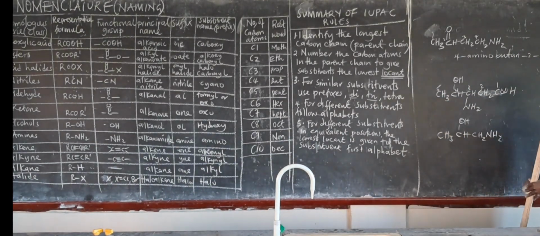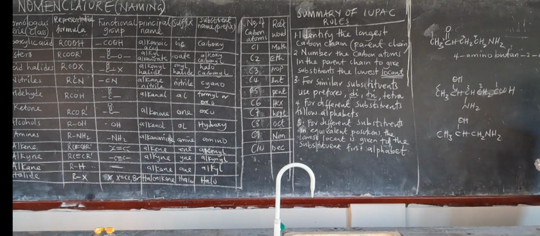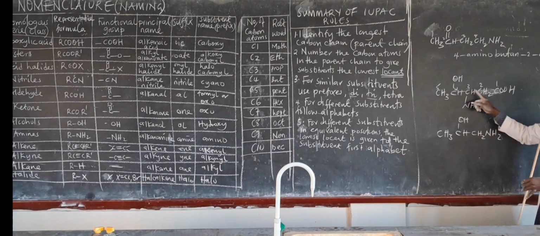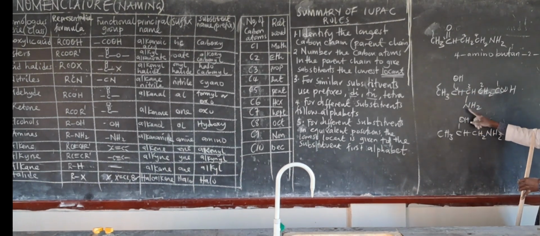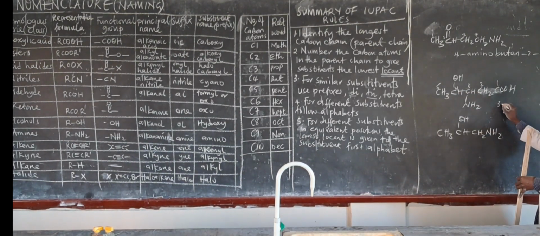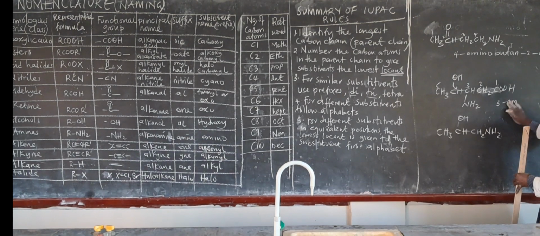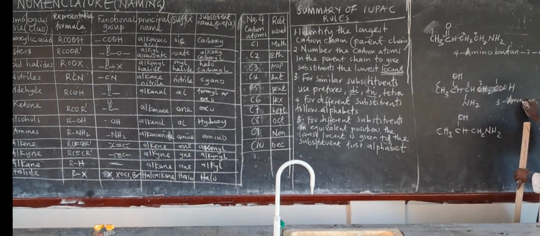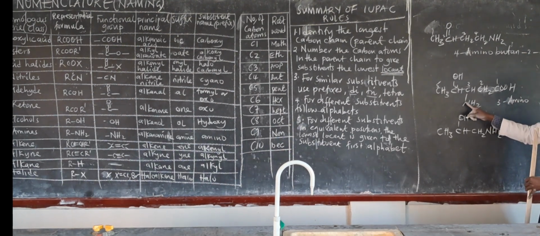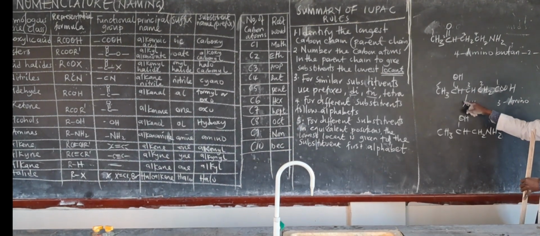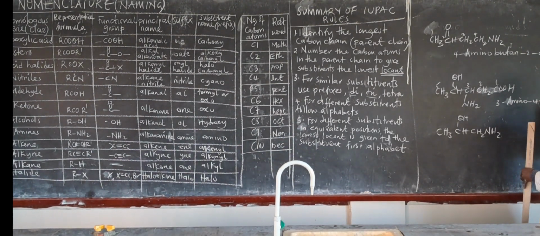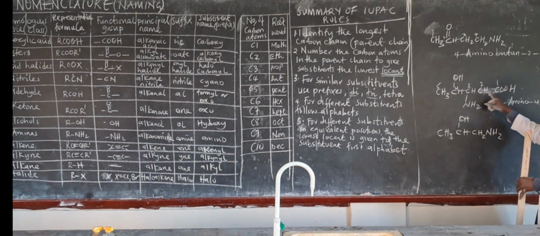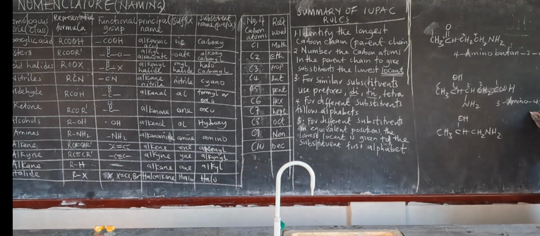Now let's look at this. Still priority goes to this because it is ranked first. So these are branches now. Our amino is first before hydroxyl, so I'll call it 3-amino, with a capital here. 3-amino. Then 4-hydroxy. 5 carbons, pentanoic acid.